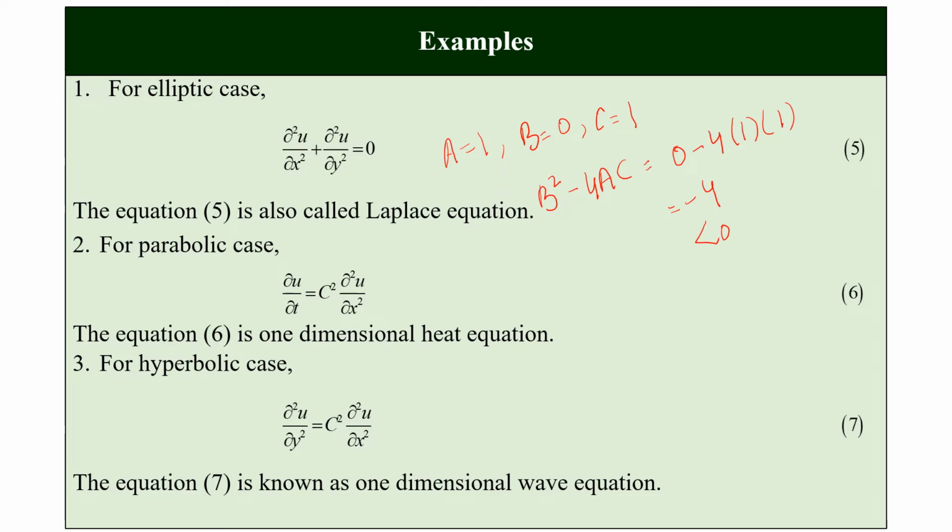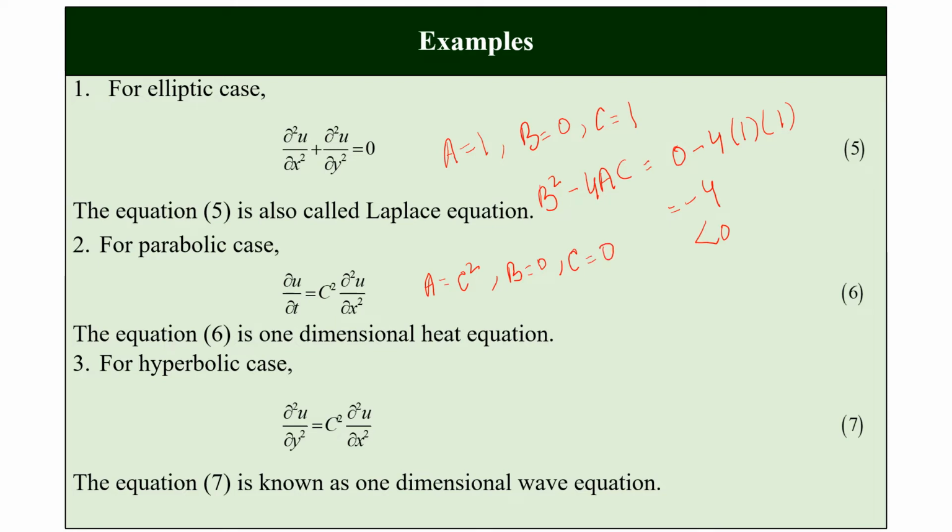Now next is the parabolic partial differential equation. The best example of parabolic partial differential equation is the one-dimensional heat conduction equation. In this case, if we compare this equation number 6 with equation number 4, we find that the value of capital A is equal to c square, the value of B is 0, and the value of C is again equal to 0.